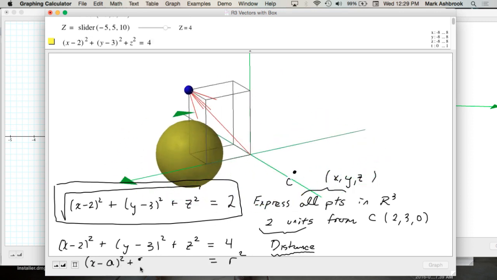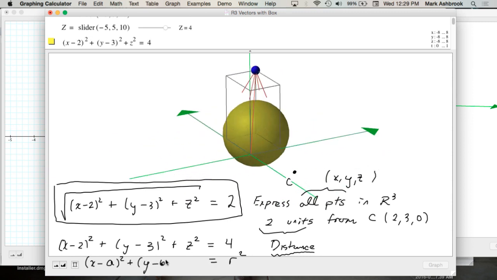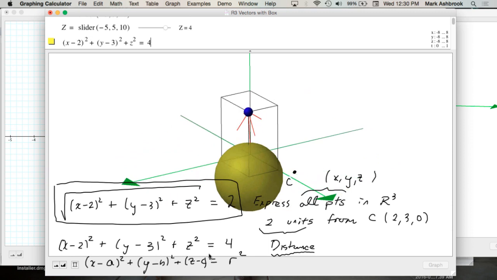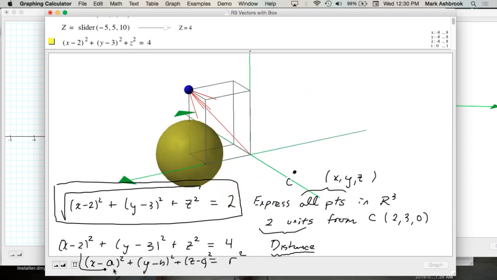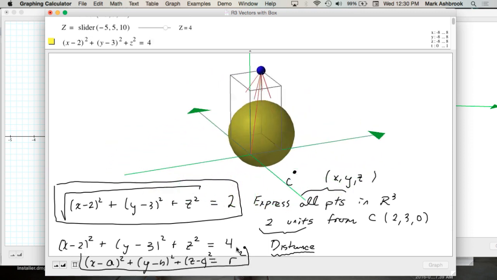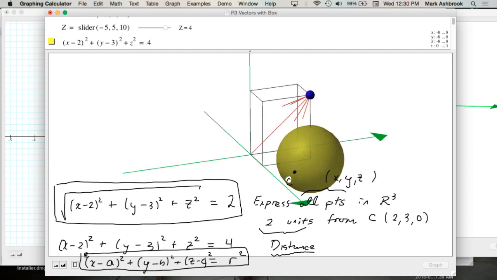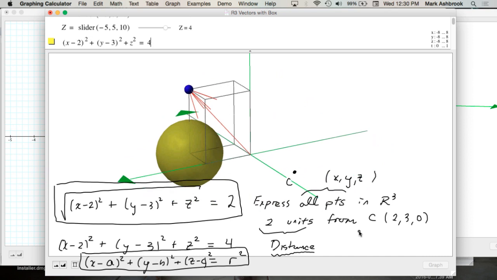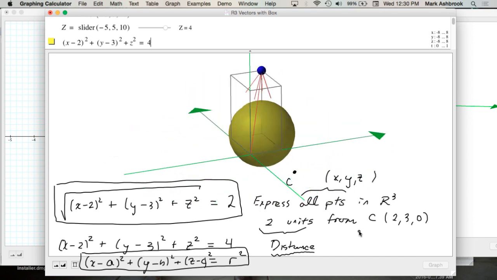So x minus a squared, y minus b squared, z minus c squared equals r squared is the general equation for a sphere centered at a, b, c with radius r.